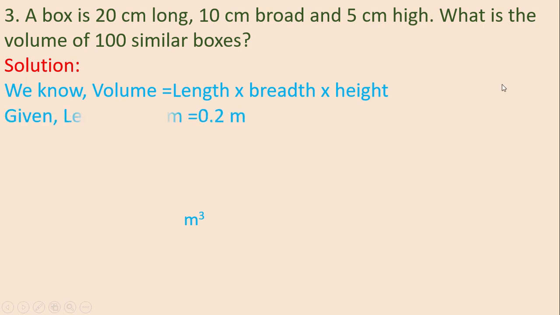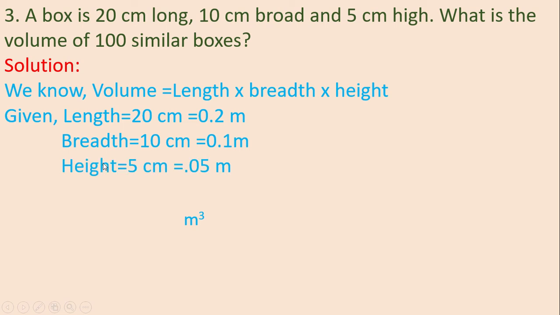Here length is given 20 centimeter, and 20 centimeter equals 0.2 meter. If you divide 20 centimeter by 100, then you get 0.2 meter, because 100 centimeter equals 1 meter. So length equals 0.2 meter, breadth equals 0.1 meter and height equals 0.05 meter.